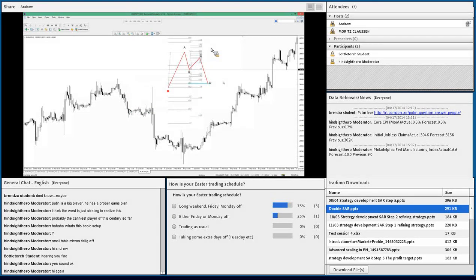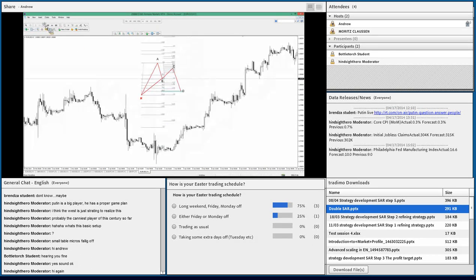If you looked at this in a textbook or something to that effect, the pattern would be labeled or drawn like this. So you would have these triangles marked up. That's how you would see it, and all they've done is just connected these points in here. So that's the bullish pattern.